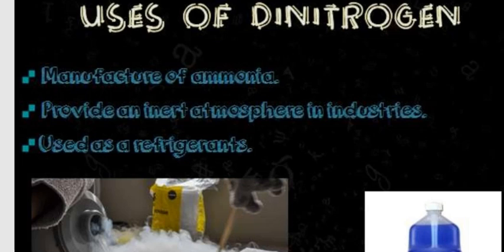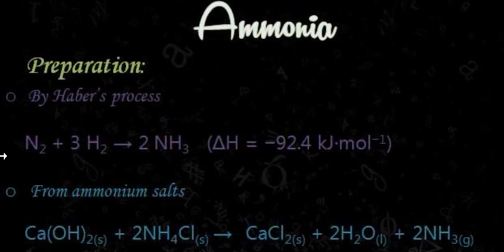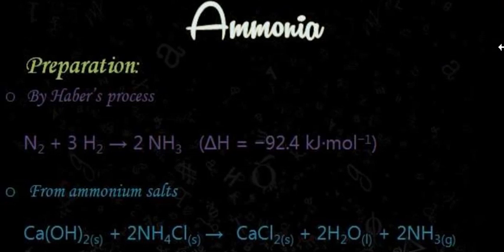The next compound of the nitrogen family is ammonia. So preparation of ammonia. Ammonia can be prepared in small quantities.